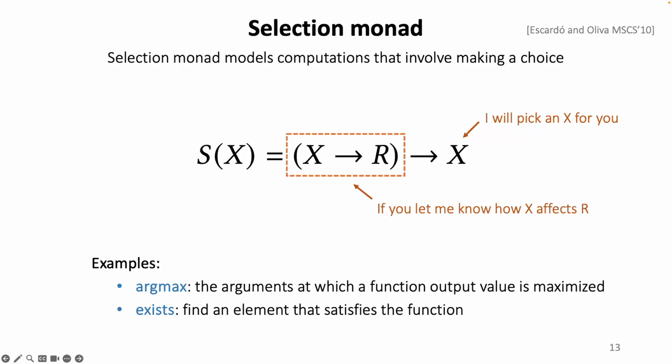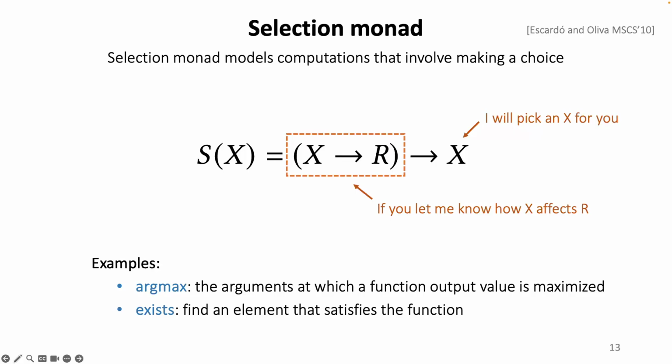If you are familiar with the continuation monad, maybe you have noticed some similarities and differences between the selection monad and the continuation monad. In the continuation monad, the type goes from X to R to R, while the selection monad goes from X to R to X, because in the continuation monad, you care more about the final result of the continuation, while in the selection monad, you care more about which element we have selected.